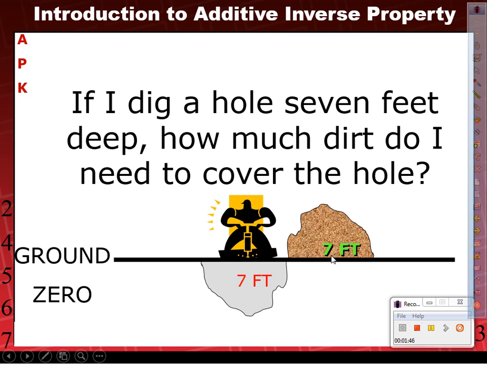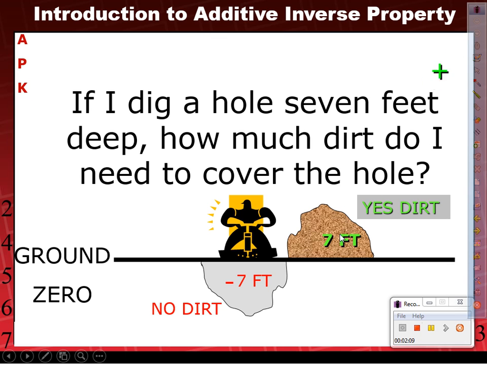So if I dig 7 feet here, how much dirt will be over here? 7. Okay? So now, why do we call this a negative? Since there is no dirt, what kind of word is no? A negative. That's why this becomes a -7. If there's dirt over here, what kind of word is yes?